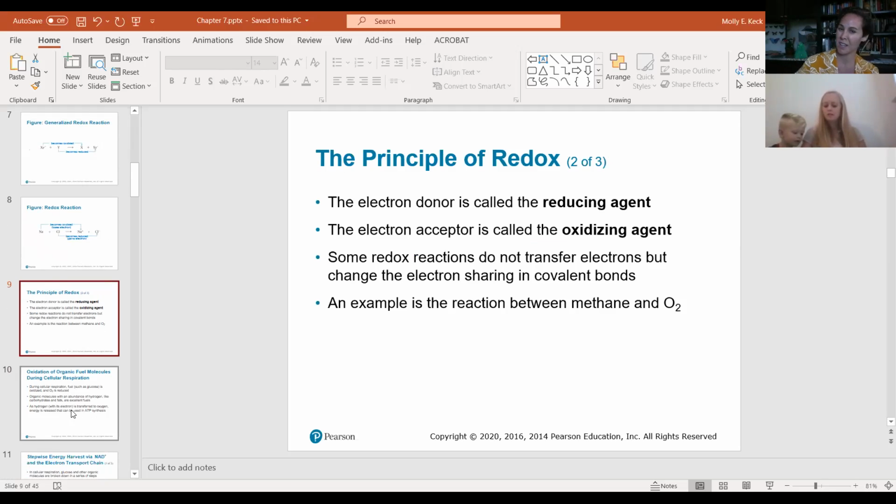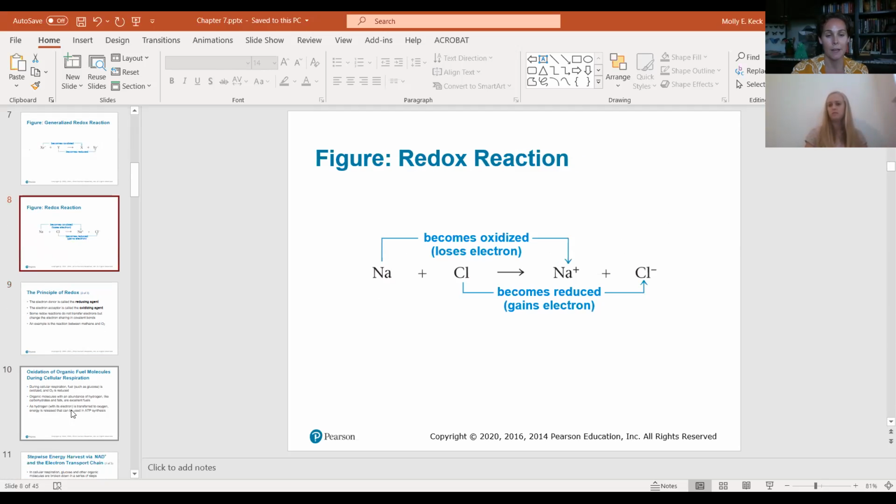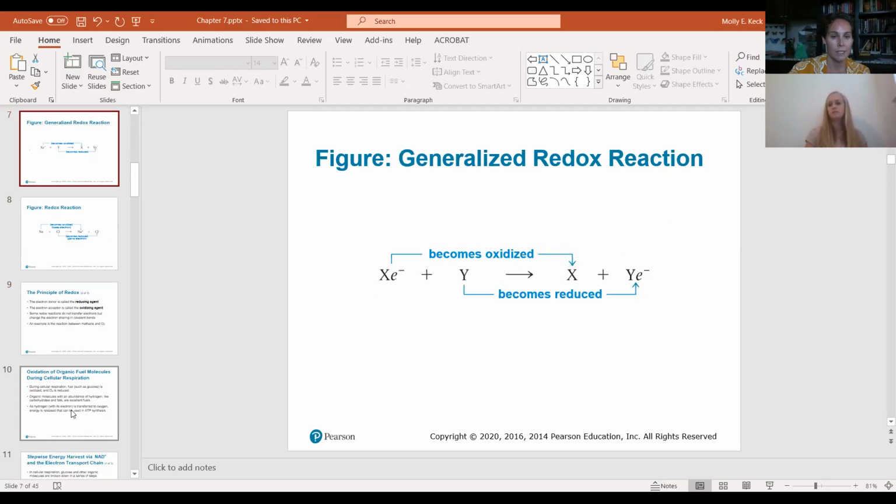That's why it's kind of stuck in here when it seems like it should have been in our chemistry chapter. The other thing that is confusing is that the molecule that gave up the electron is the reducing agent, and the electron acceptor is the oxidizing agent. So if we go back up, I like the really simple one.